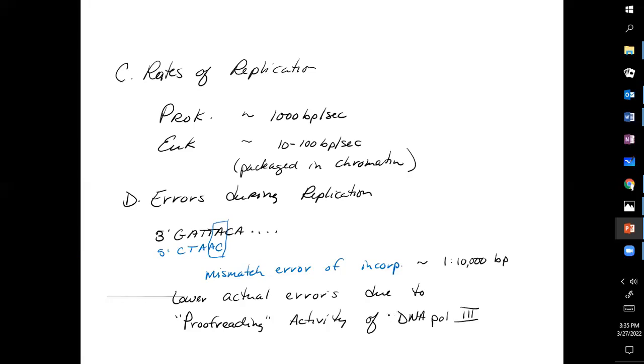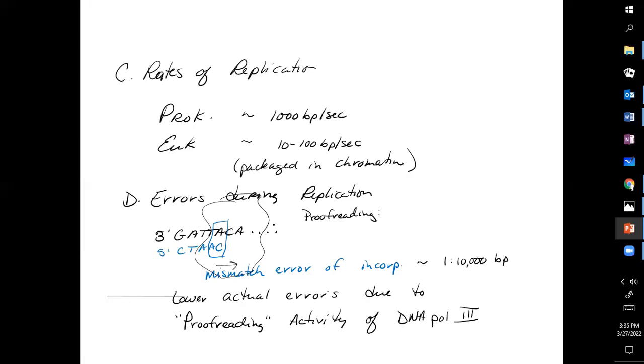So what happens with proofreading? So imagine here's our DNA polymerase enzyme. It's chugging along 5' to 3'. What happens in proofreading function is that polymerase recognizes the error. No matter what the mismatch is, it's going to be topographically, morphologically not normal, right?